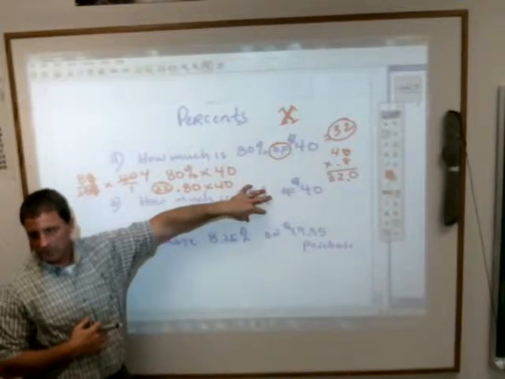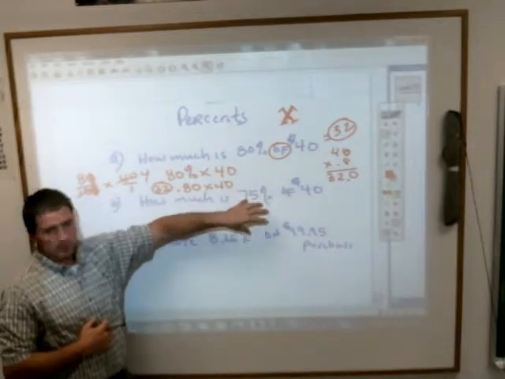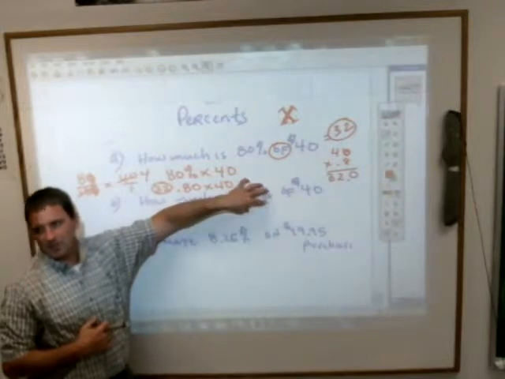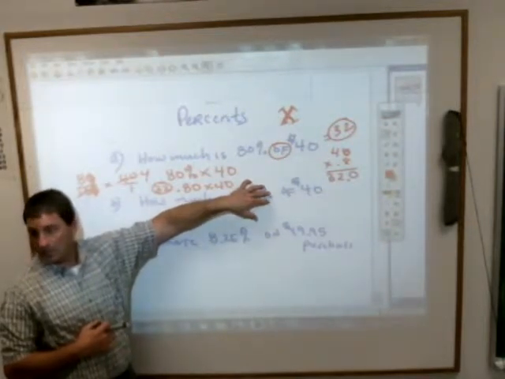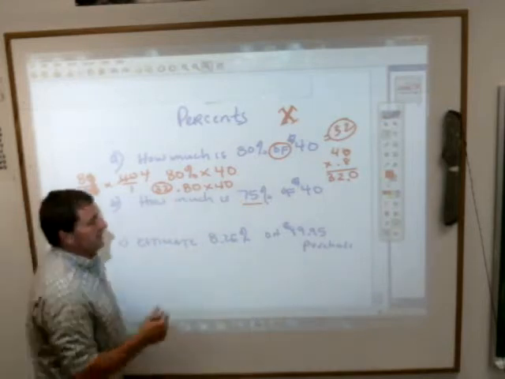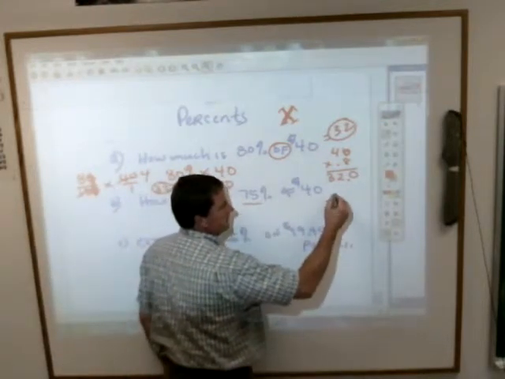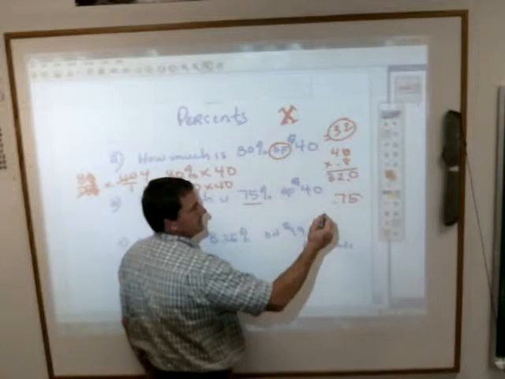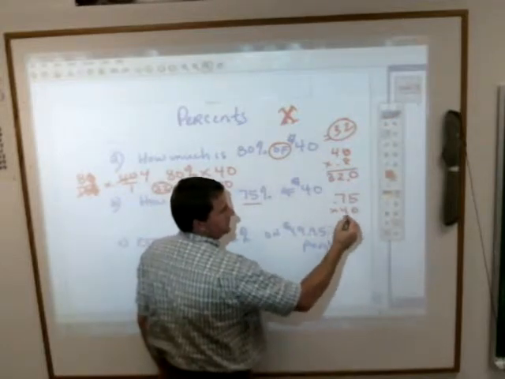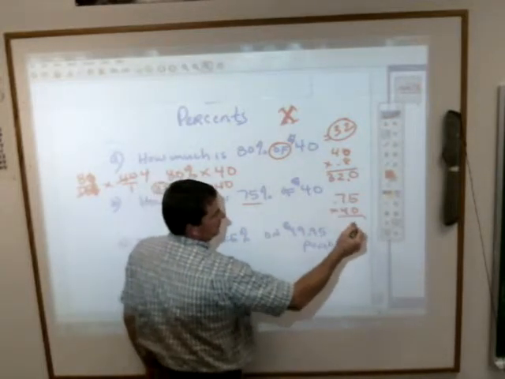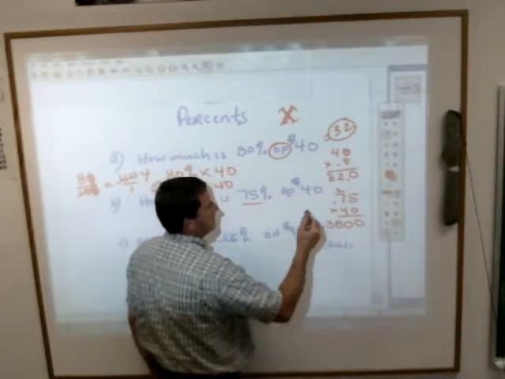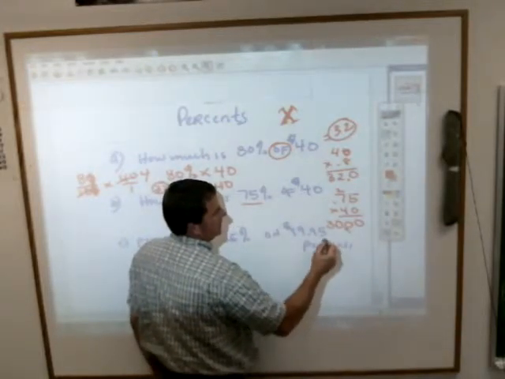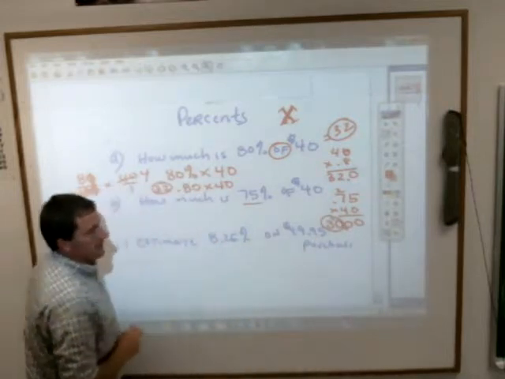I don't want the answer, I want to know what 75% is as a decimal. 75%, huh? 0.75. So you could do the multiplication like this, and in this case, I'd put the decimal on top because it's easy to multiply with a 40 on the bottom. Put a 0 down, 4 times 5 is 20, 28, 30, 2 decimal places. So 30 would be your answer to that.